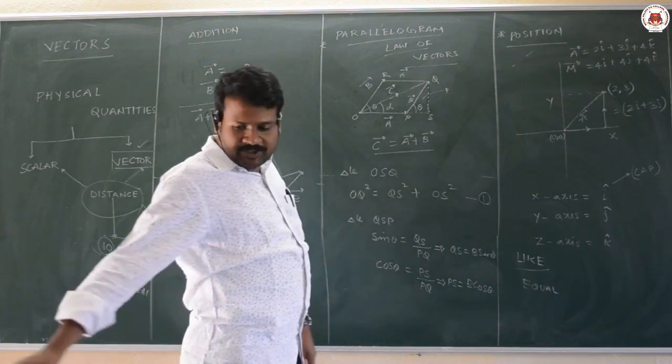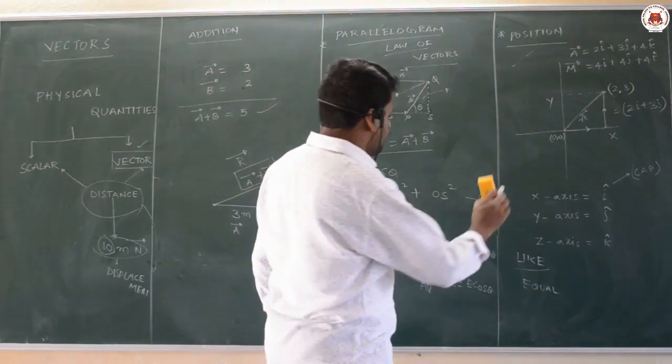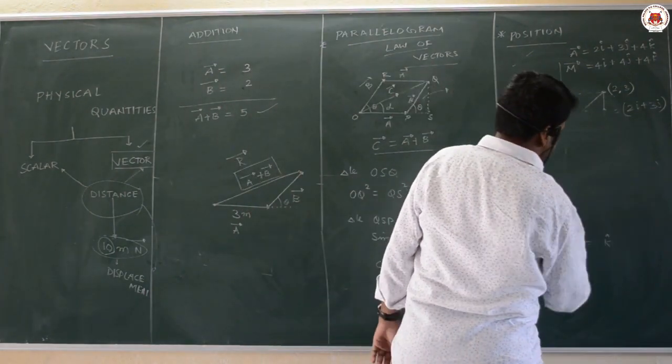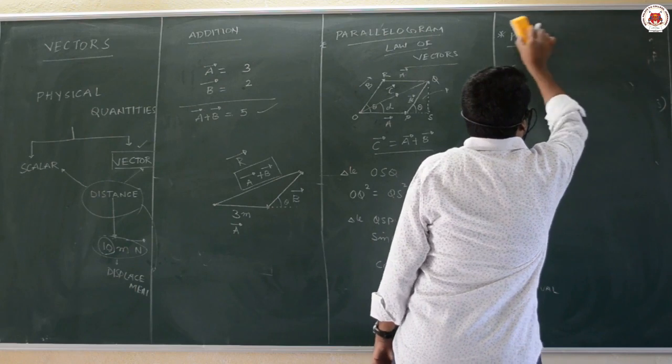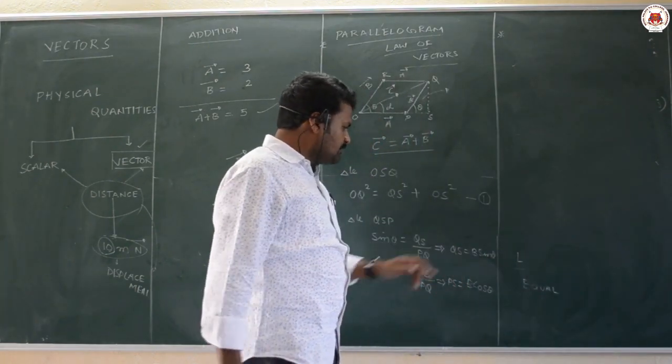Now come to equation 1. We have completed the derivation now. Within one step we will complete. Now very simple. In place of QS you write B sin theta.